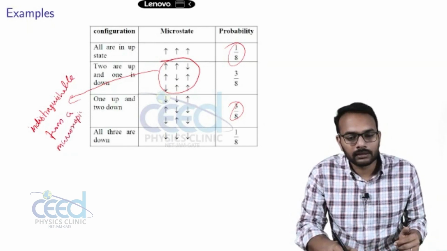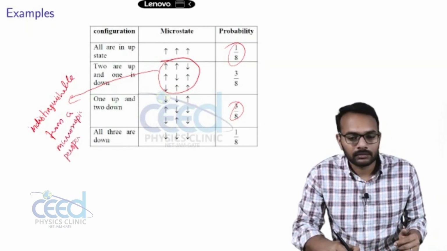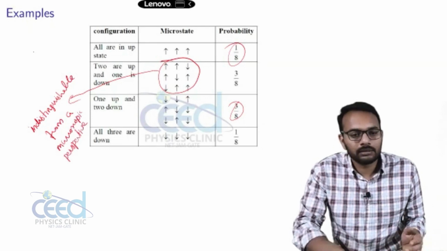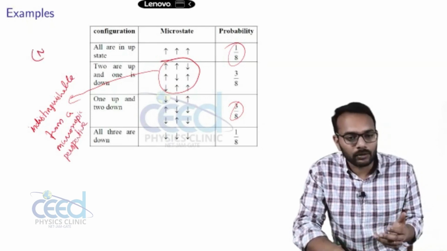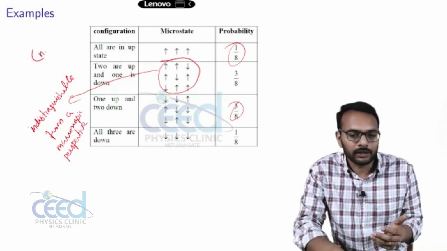Why is it indistinguishable? Because microscopically we are keeping track only of these numbers n1, n2.